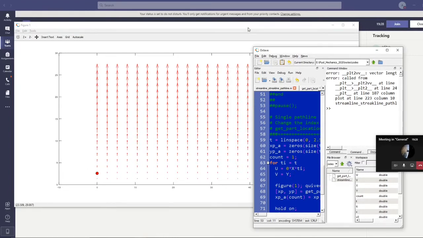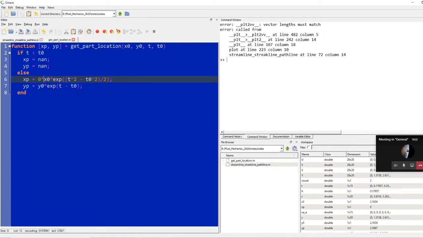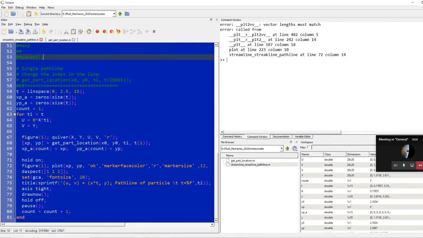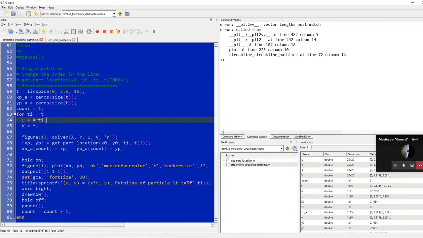It will keep on going towards higher values of y, because it needs to return an array and all that. My bad. So anyway, let us proceed. If you have understood how the path line looks, let me remove this pause.